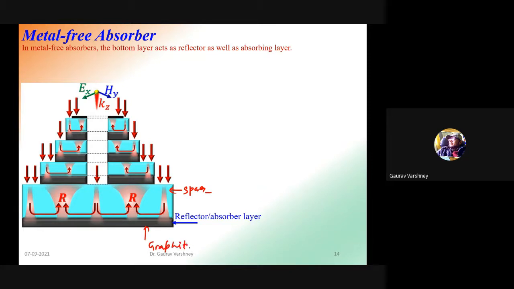This is non-metallic material but provides very high conductivity. It means the properties of the conducting material can be engraved if we utilize graphite and replace the metals with graphite.